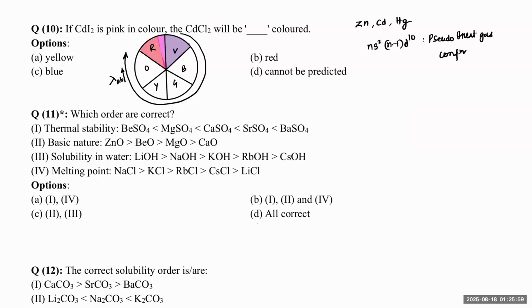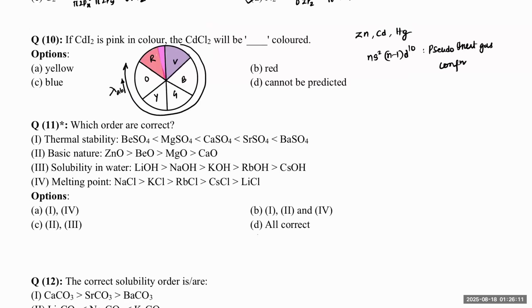Energy difference for the orbitals, because iodine has a much more stretched orbital, so the energy difference will be less. So that's why chlorine would be absorbing more energy. Okay. So now if CdCl2 appears to be pink, that means it is absorbing somewhere here, isn't it? That means CdI2 is absorbing somewhere light green. Got it? It is absorbing somewhere light green.